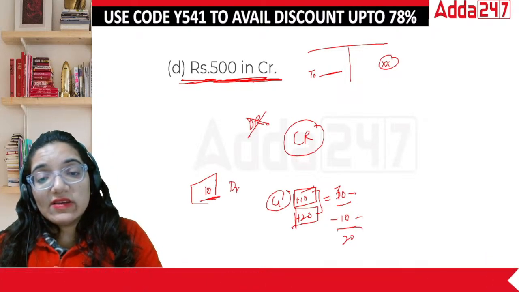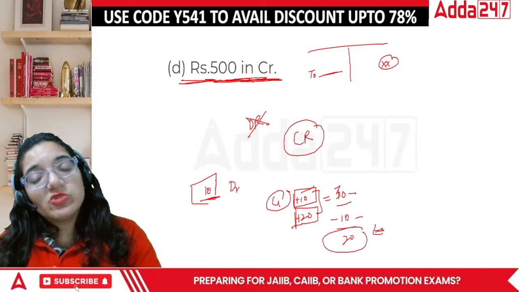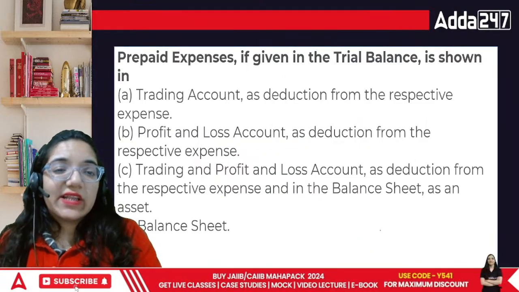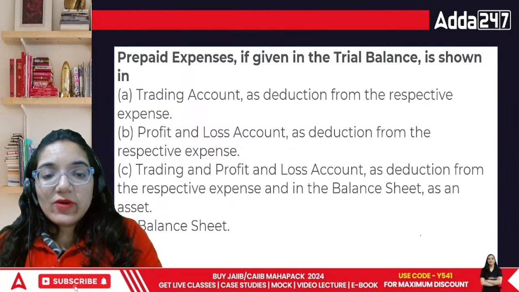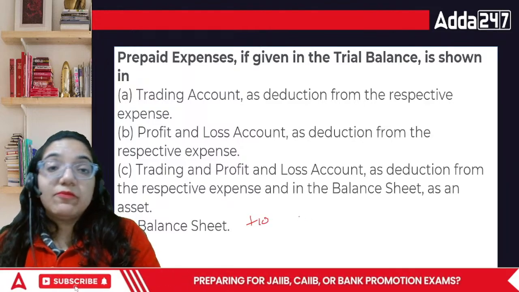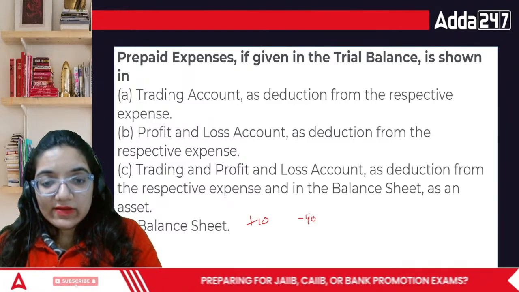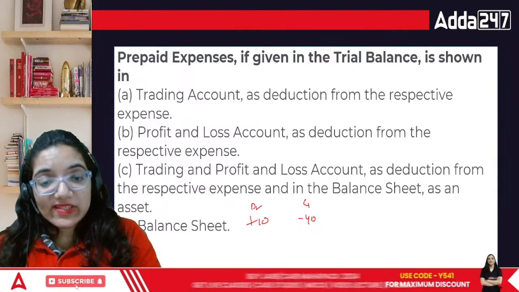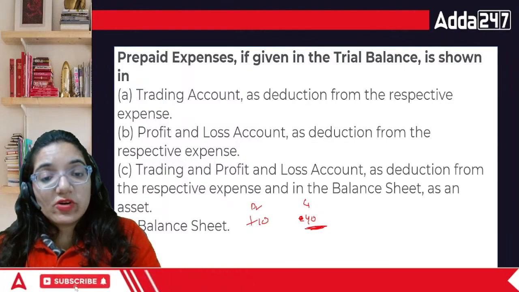So that 30 minus 10 is the amount which would be shown in the books: 20. So if you had a plus 10 here and you have to get minus 40, technically it was shown on the debit side while it should be shown on the credit side as 40. So what will you do?